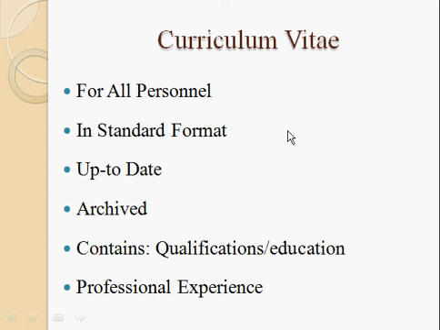It should be updated, and most importantly, all CVs, job descriptions, and training records should be archived in individual files in the archive. It should contain qualification, education, professional experience, what training programs he has attended, and what training programs he is going to attend. All this has to be reflected in the CV file.